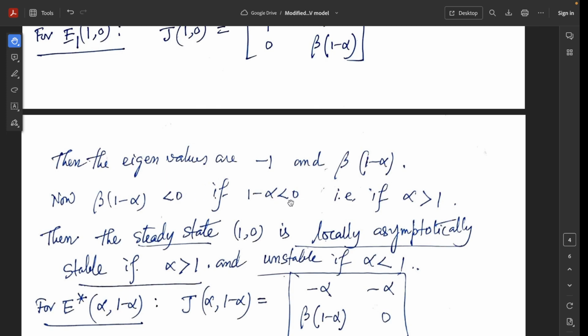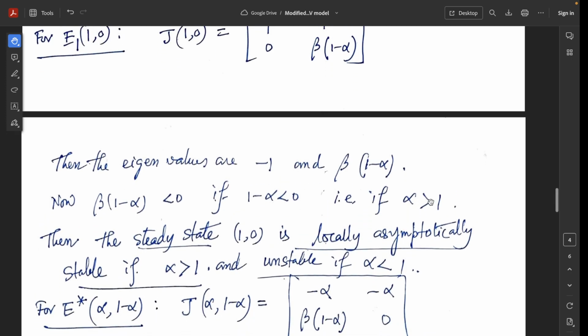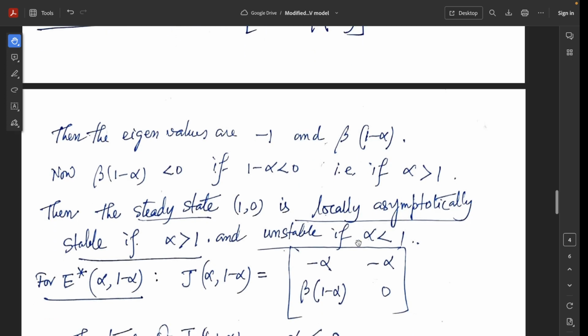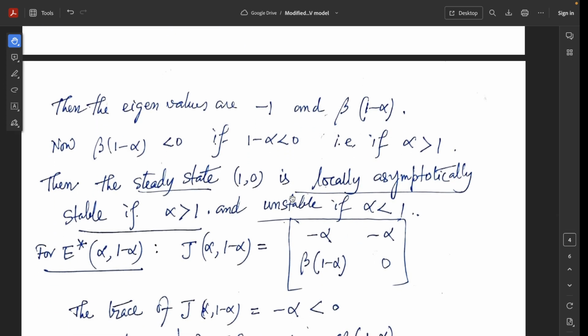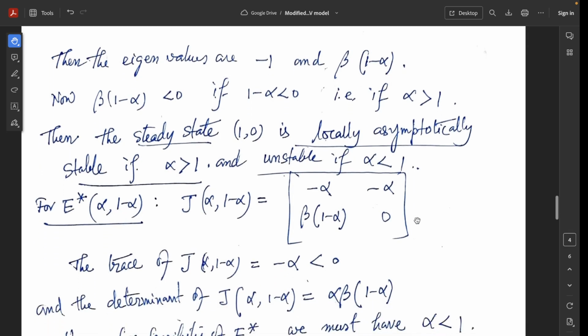So if 1 minus alpha is less than 0, that is, if alpha is greater than 1, then both eigenvalues are negative, and this steady state (1, 0) is locally asymptotically stable if alpha is greater than 1. And by the Routh-Hurwitz rule, we can say it is unstable for alpha less than 1.